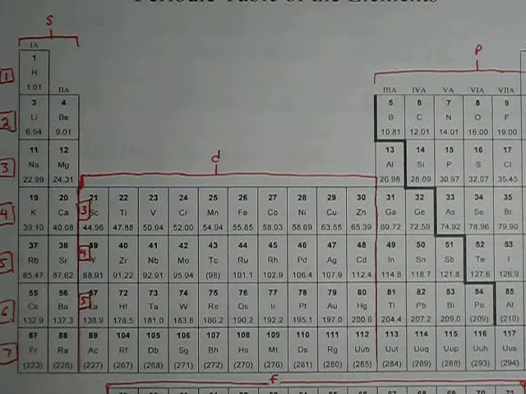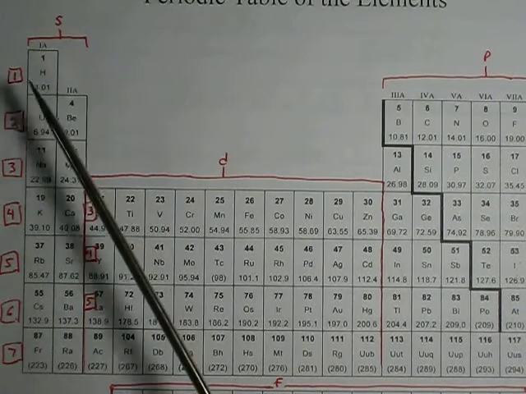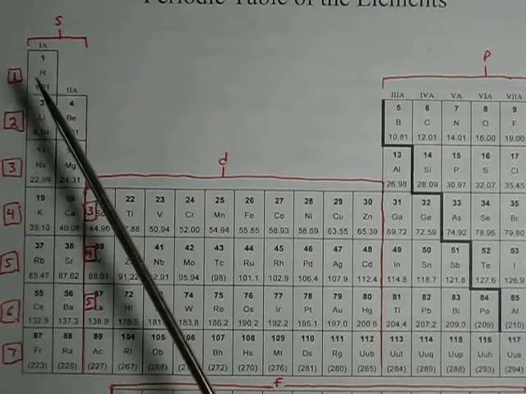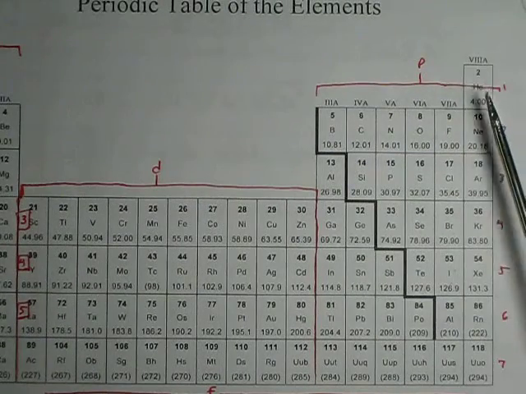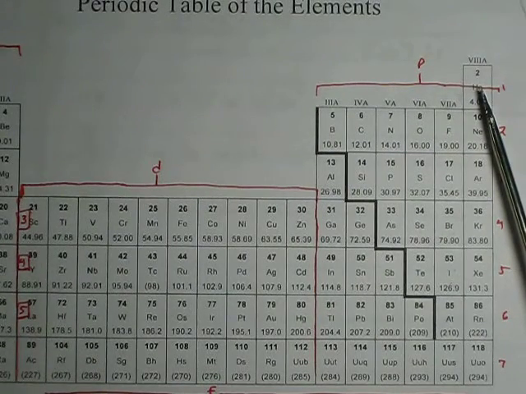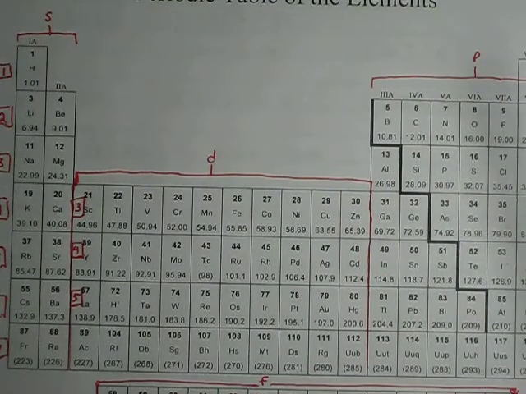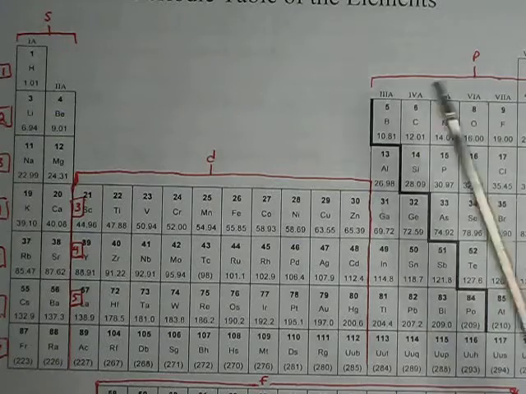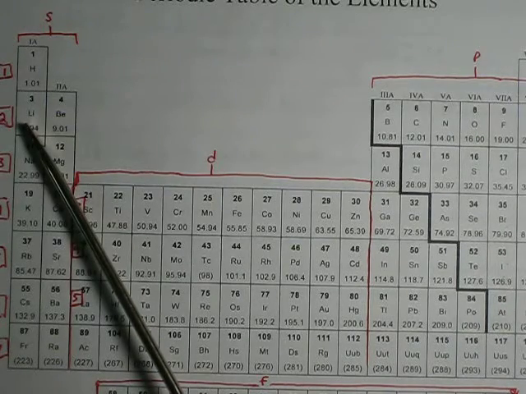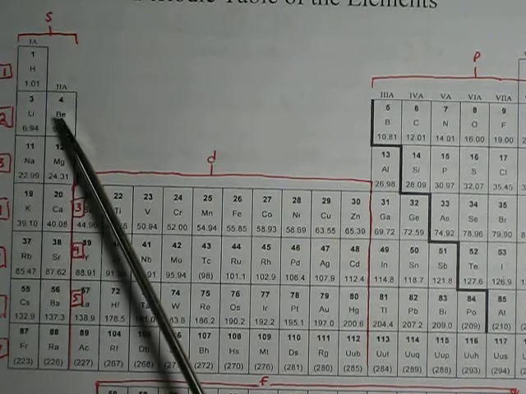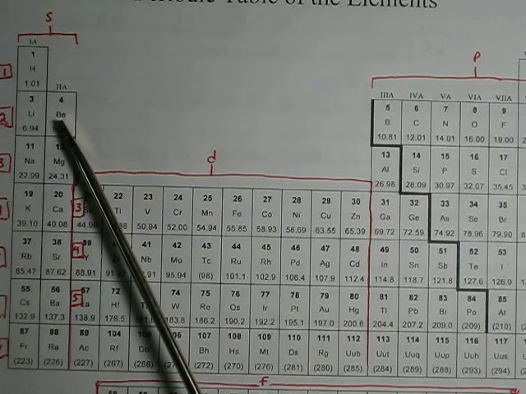The 1s orbital can only have 2 electrons in it. The first electron belongs to hydrogen. Helium would have 2 electrons, which is this one, and this one over here for helium. Next comes the 2s orbital, which could have 2 electrons. So lithium has an electron in the 2s orbital, and beryllium has an electron in the 2s orbital.